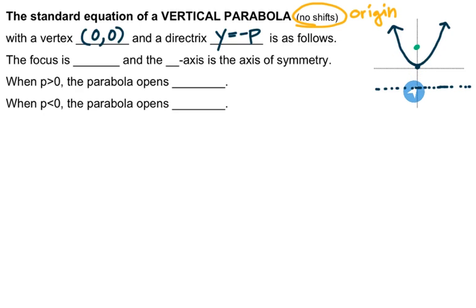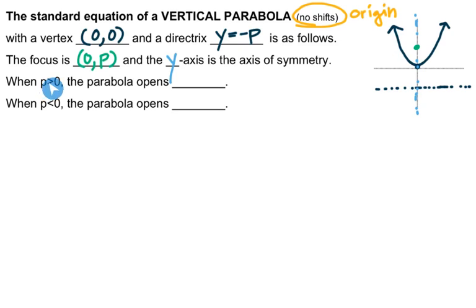So if the directrix is negative p units away, the focus is a point on the y-axis which is positive p units away. So the focus is (0, p). And in this situation, the y-axis, this vertical axis, is my axis of symmetry.